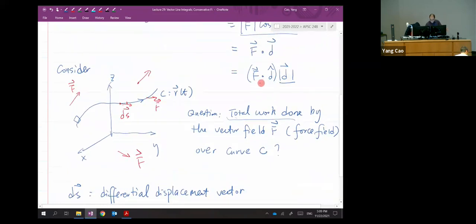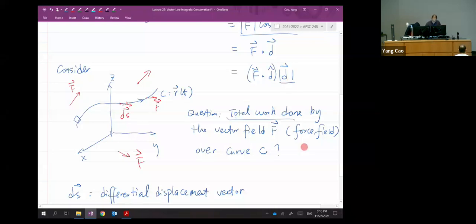How much work is done when you maintain a constant force vector and push it over a certain displacement d is F dot d hat multiplied by its magnitude.